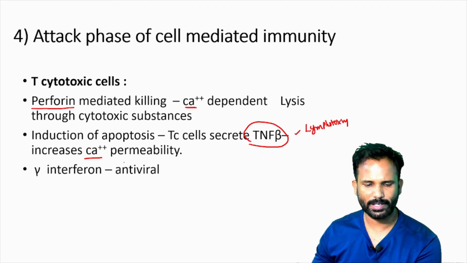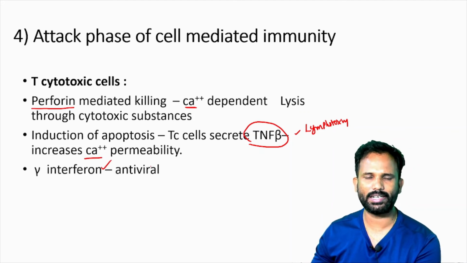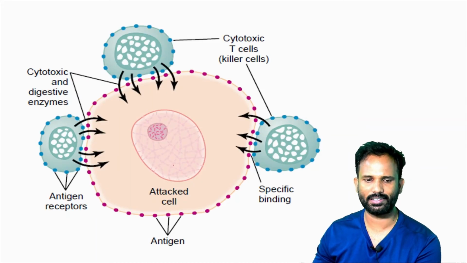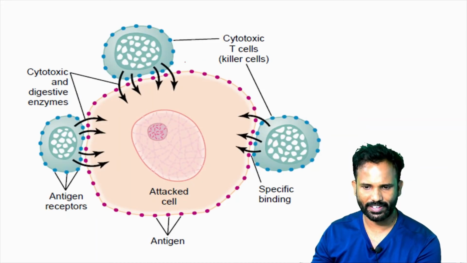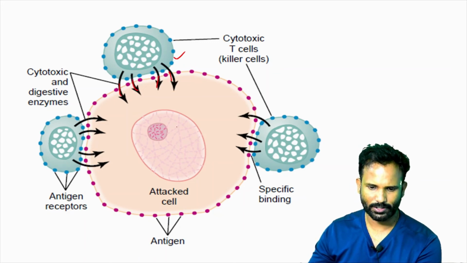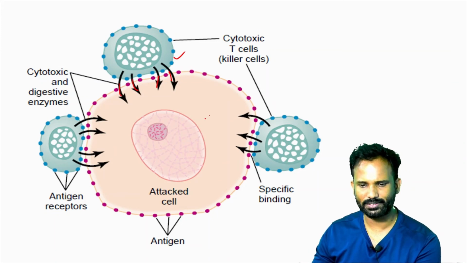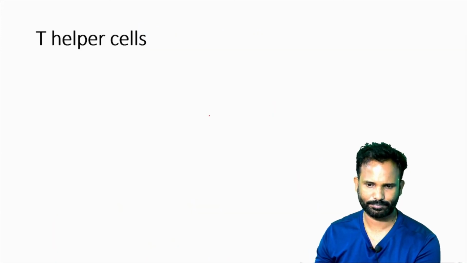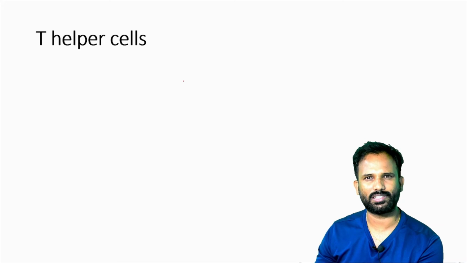And also by secreting gamma interferons, which are antiviral. This is the way the activated T cytotoxic cells punch holes in the pathogen attacked cell, and that will cause lysis.